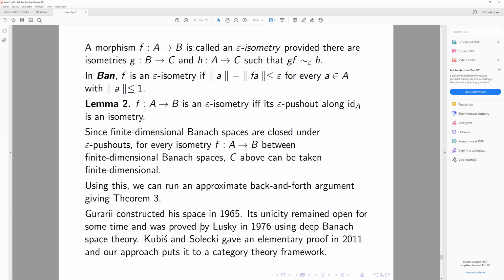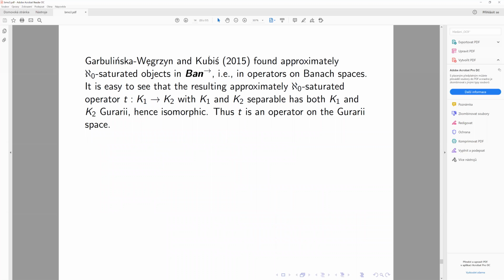So in the last couple of minutes, let me tell you something which goes beyond that paper with Jiří Adámek, and this is that you look at the category of morphisms of Banach spaces. So objects are morphisms in Banach spaces. In fact, it's a category of operators on Banach spaces.